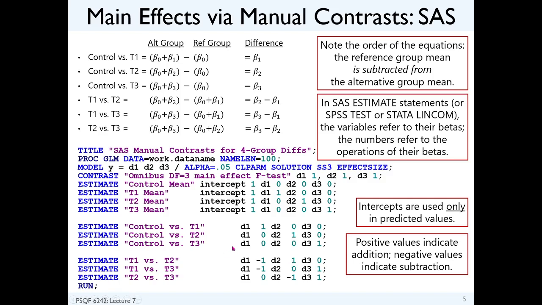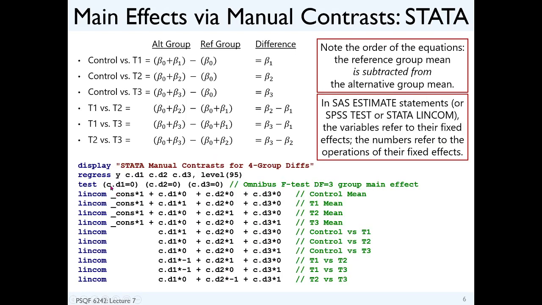The same exact process can be done in Stata with the regress command and lincoms. And here the idea that you're multiplying values of the predictor times the beta fixed effect is made explicit. So you're multiplying values times the beta and then adding them together to create the linear combination.